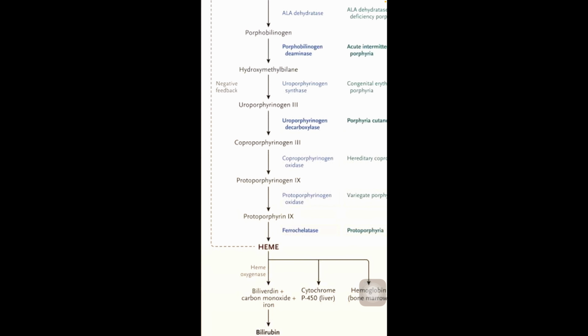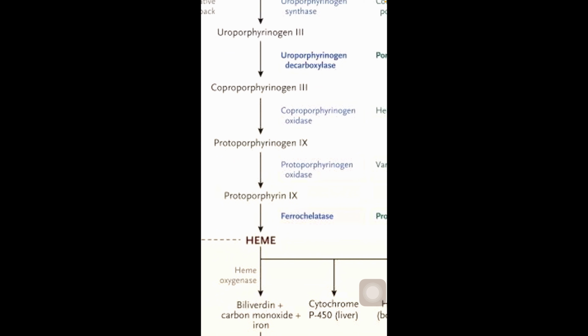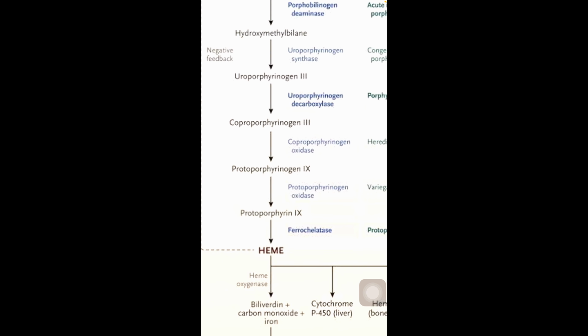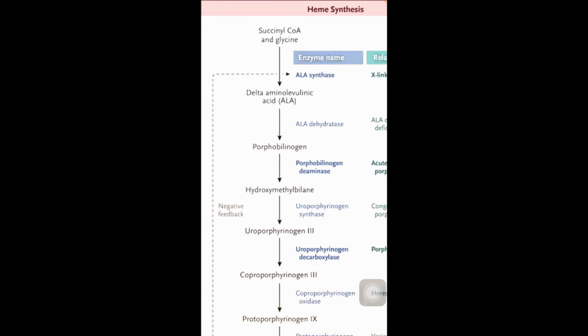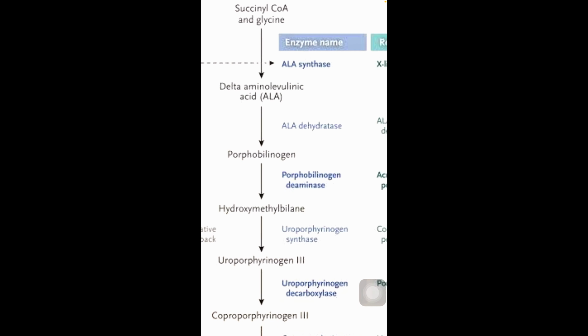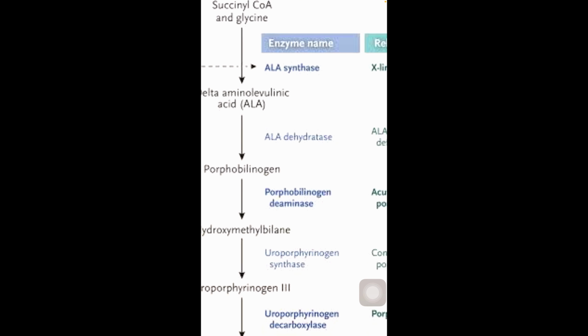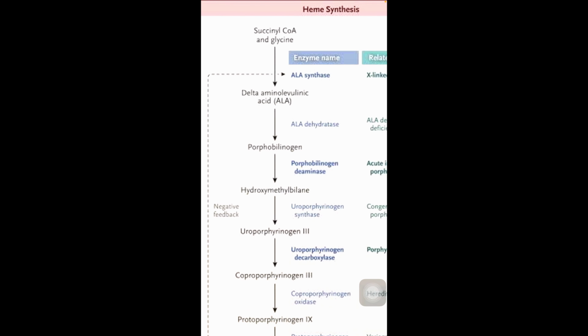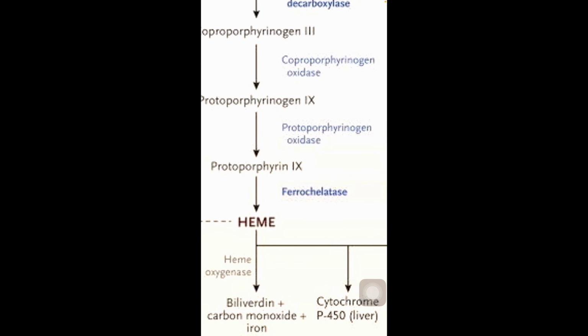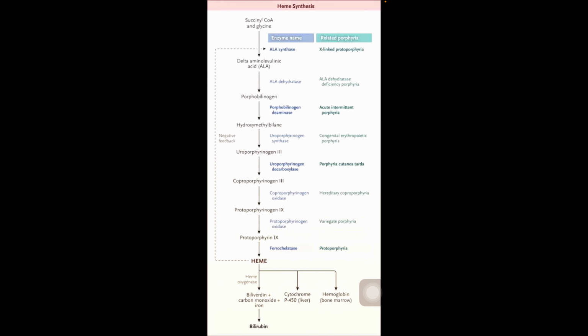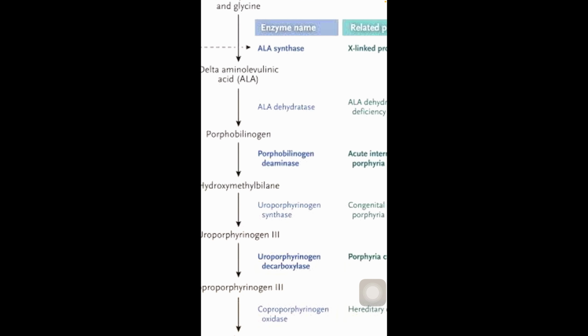This is very, very important. The ferrochelatase is important because of lead poisoning. Lead poisoning attacks 2 enzymes. One is ALA dehydratase, which is delta-aminolevulinic acid dehydratase, and the other is ferrochelatase. Remember this for your exams. And they like to trick you on the exams.